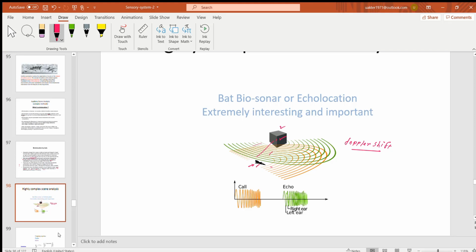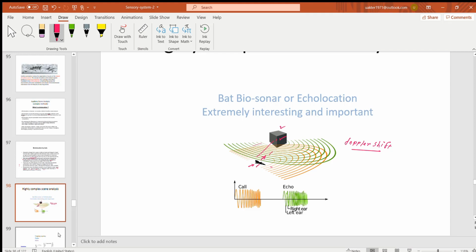So as you approach the object, the frequency of the echo increases. Makes sense? So you send a pulse, and then before the echo returns, you have already moved a little bit more forward, right? So when you receive the echo, the frequency will be slightly higher.